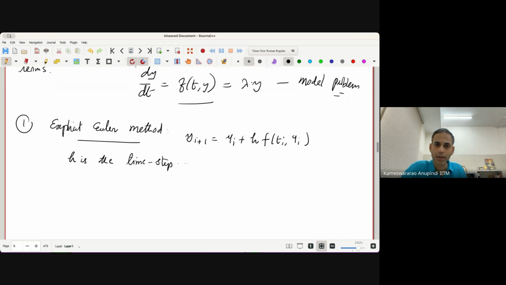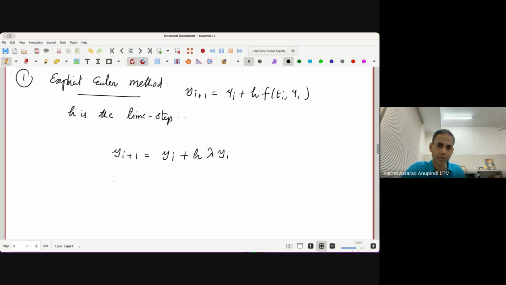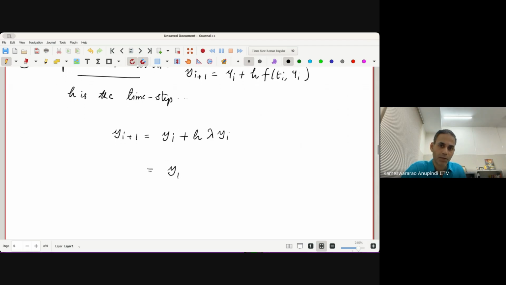In this case, y i plus 1 equals y i plus h times lambda y i. That means I can write this as y i plus 1 equals y i times 1 plus lambda h.